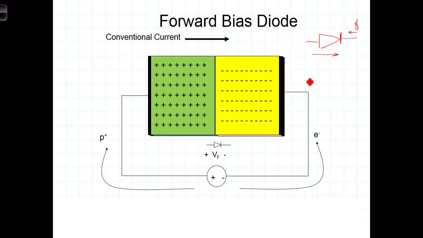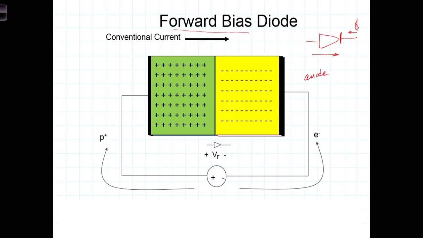This side is sometimes referred to as the anode of the diode. So with this voltage applied, if the voltage is large enough to overcome that junction voltage that we talked about, we say then that the diode is forward biased.